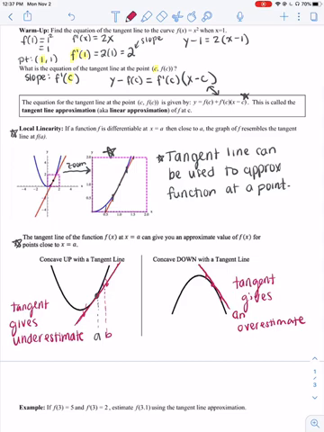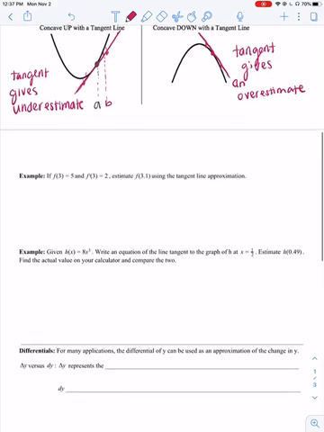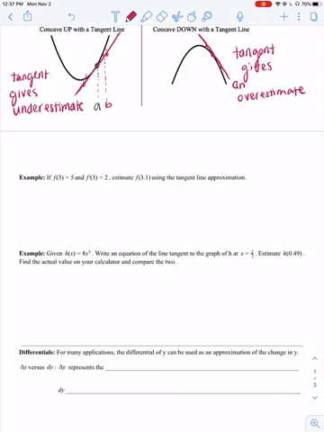Okay, so let's try some examples. Let's say we have f of 3 equals 5 and f prime of 3 equals 2. We want to estimate f of 3.1. In this case, we can't find f of 3.1 exactly because we're not given the function f.